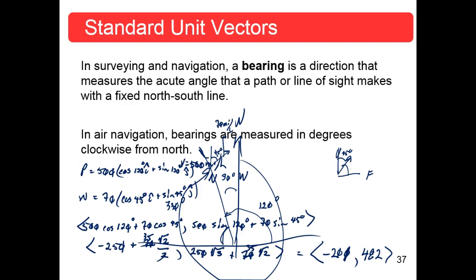What did they ask for? What is the resultant speed and direction of the airplane? So to get the speed, how do we get speed? Anyone remember what speed is? The magnitude of the velocity, right? And how do you get the magnitude of a vector? We've only done it about 4 times today.